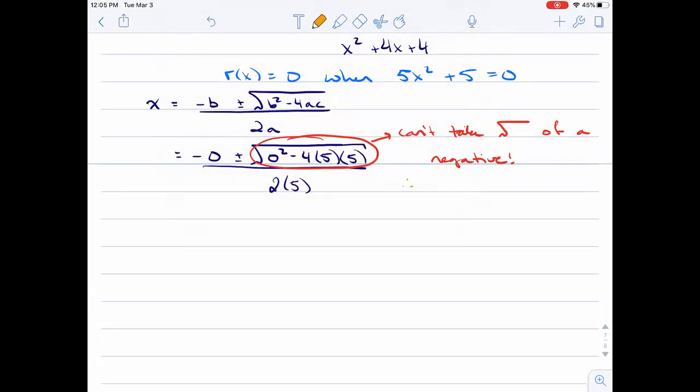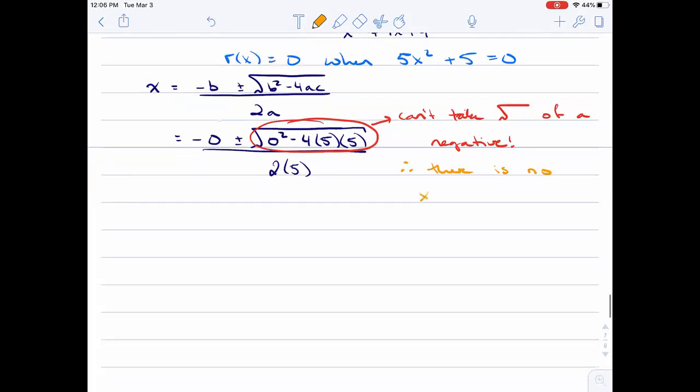There is no value of x that I can think of here that is going to give me 5x squared plus 5 equals 0, because I can't get a negative out of a square without imaginary numbers. So therefore, there is no x-intercept.